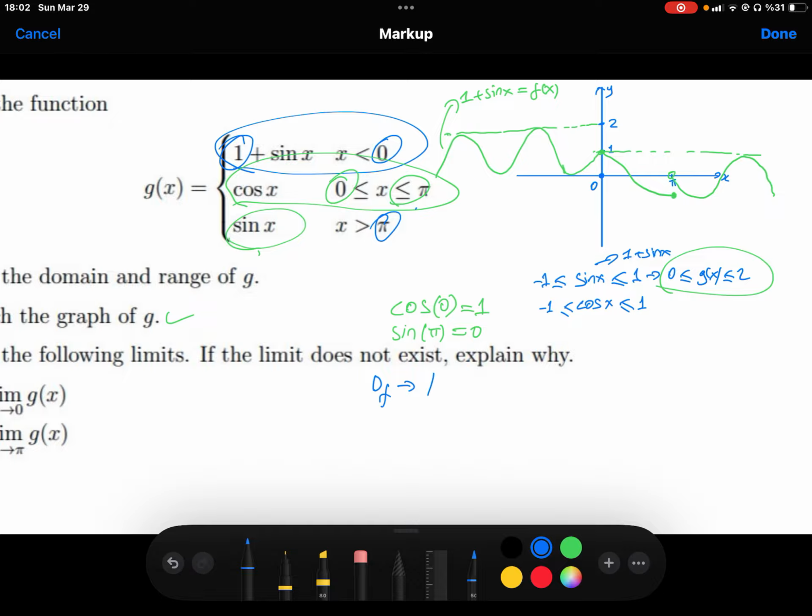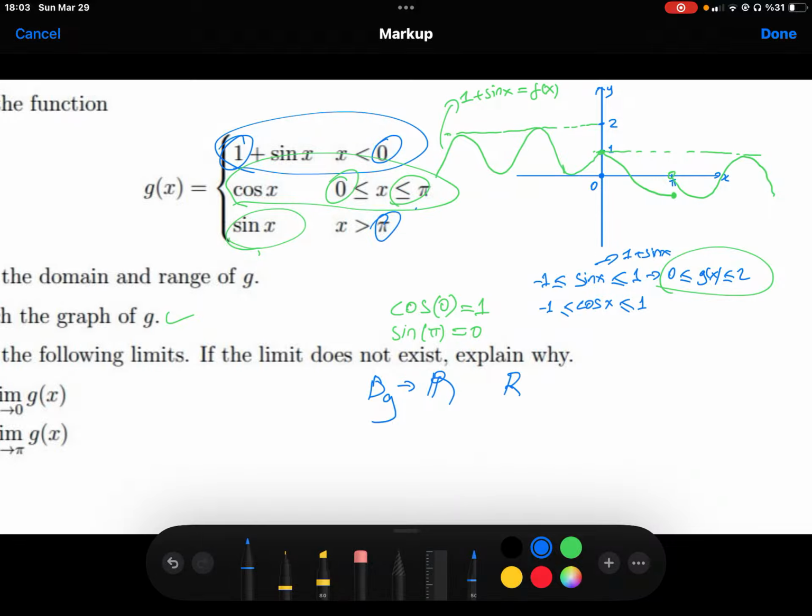So we can say all real numbers. For the range of G, no, sorry, here should be G. I accidentally wrote F, sorry.